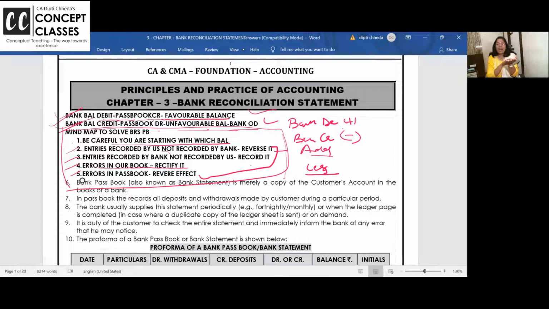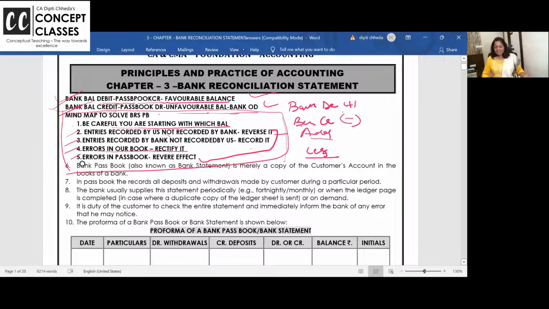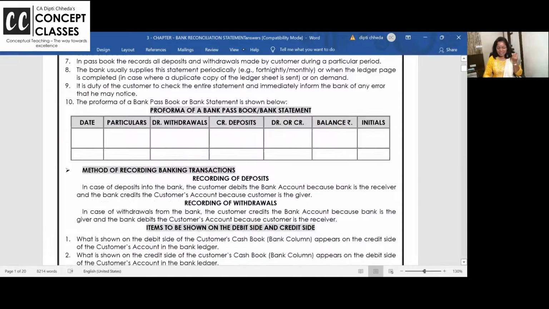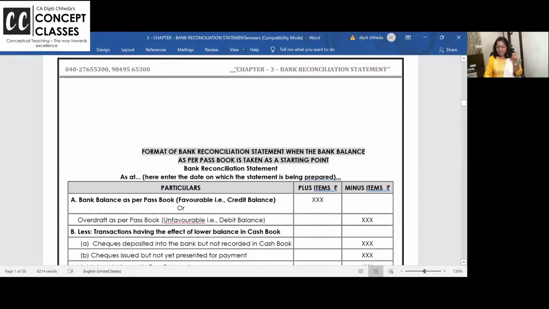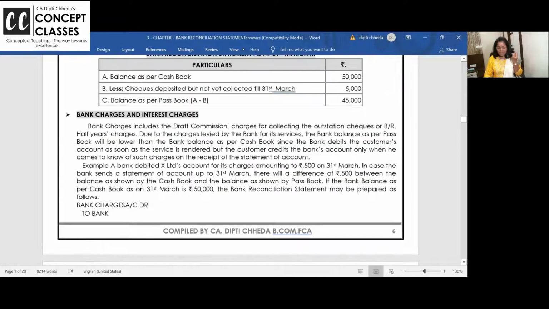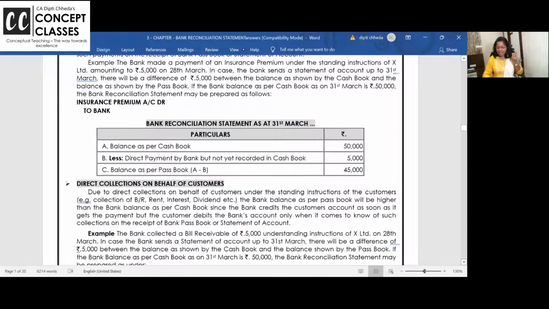If it is our mistake, let us rectify it. If it is the bank's mistake, reverse it. If the bank has by mistake debited, you also credit. So these are the points I have explained in 5 seconds, but in the last video we did it for more than 20 minutes with all examples. Now I want to take you directly to the concept of adjusted cash book.